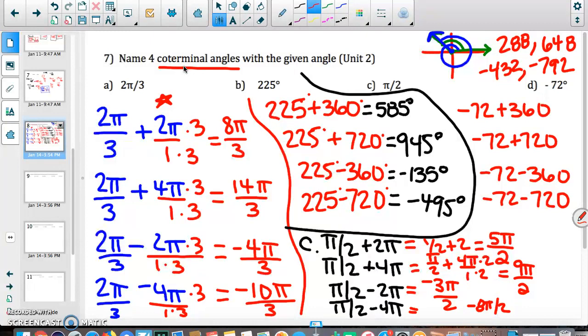So those are all my answers there. For this crazy problem, it looks like a lot of work, but the idea here is just, again, we're adding and subtracting multiples of our period. So if we're in radians, that would be 2 pi. If we're in degrees, that's going to be 360.